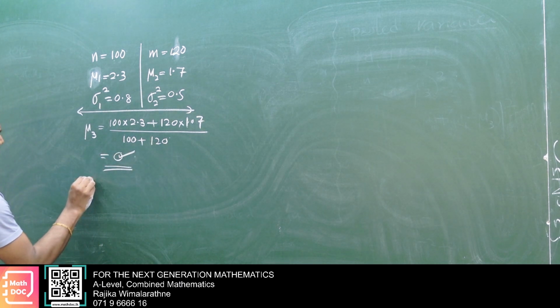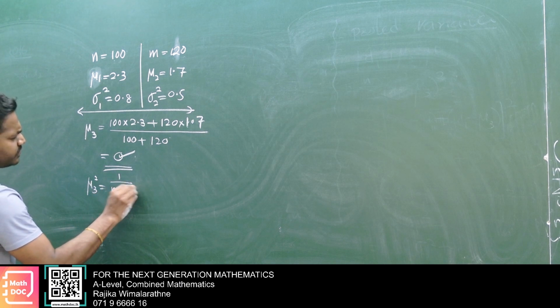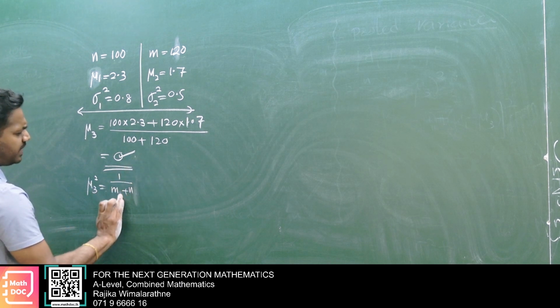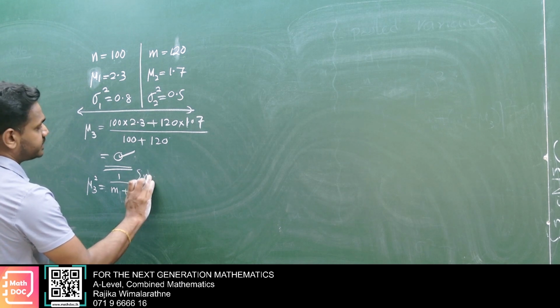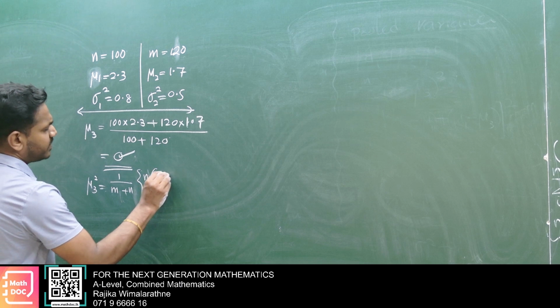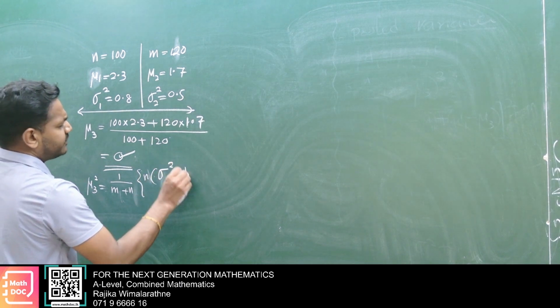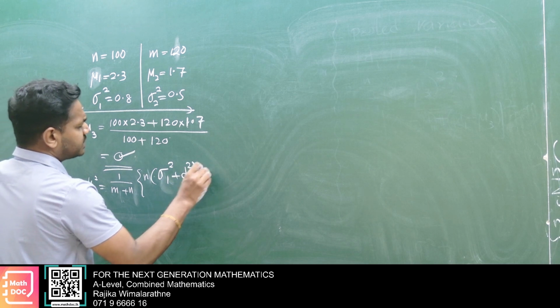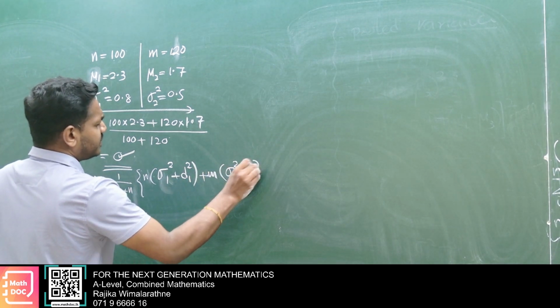Then the variance of mu3: 1 over (m plus n), times n times (sigma1 squared plus d1 squared) plus m times (sigma2 squared plus d2 squared).